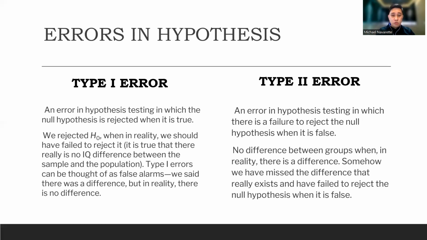This case is also known as a false positive. The other error, also known as a beta error, occurs when we fail to reject the null hypothesis when the null hypothesis is incorrect and the alternative hypothesis is correct. In this case, it is also known as a false negative.